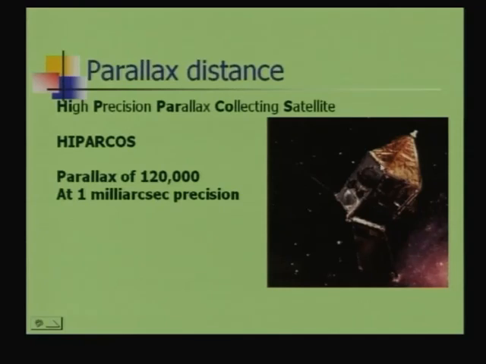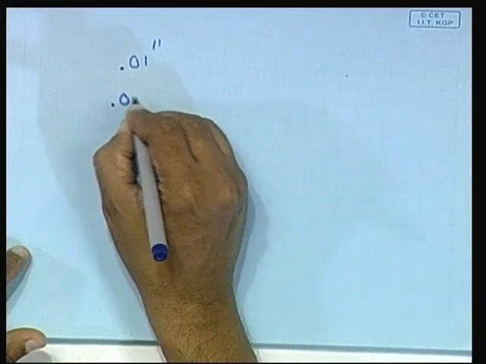Hipparcos could measure the parallax angle to 0.001 arc second, that is 1 milli arc second.